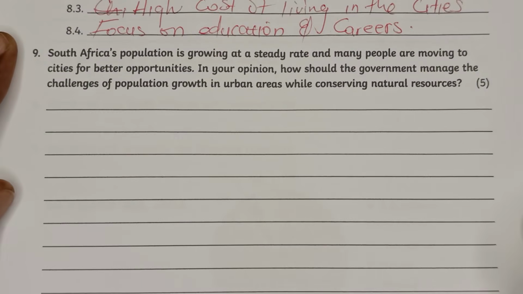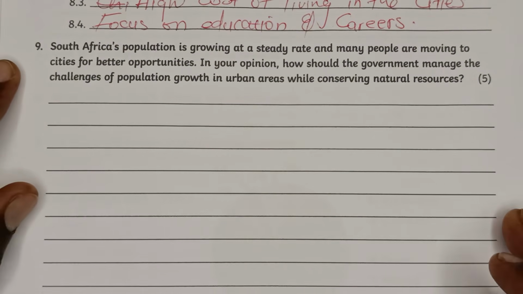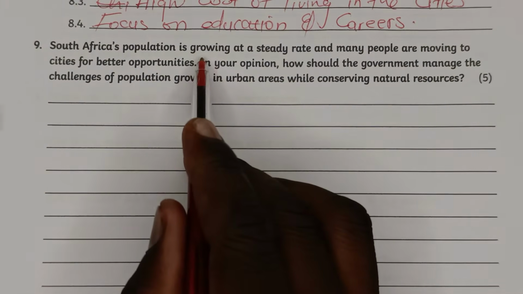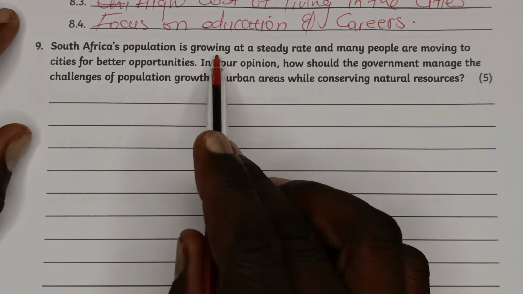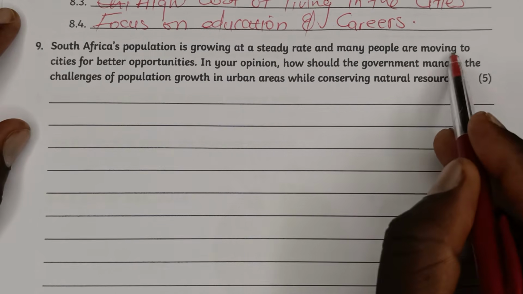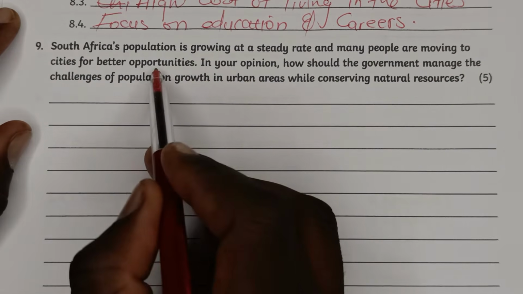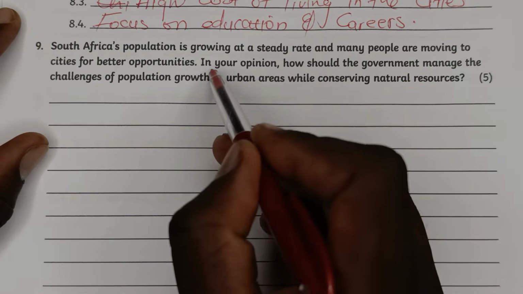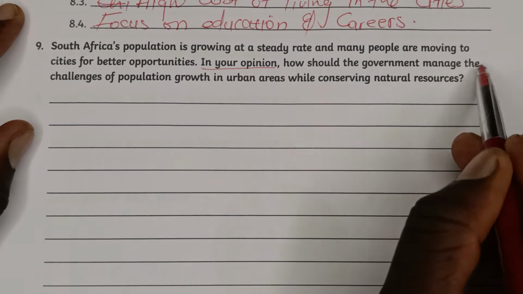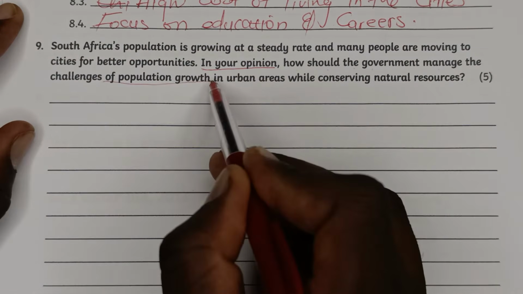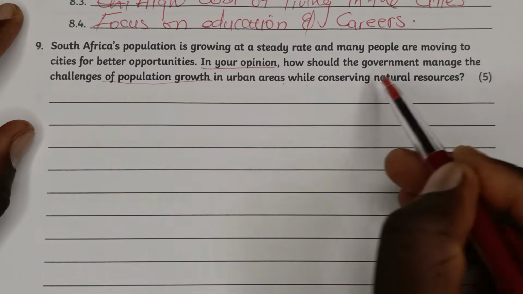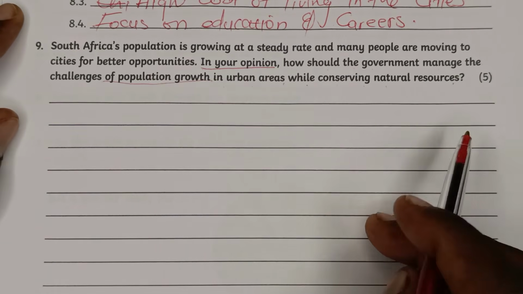We move. South Africa's population is growing at a steady rate, and many people are moving to cities for better opportunities. In your own opinion, how should the government manage the challenges of population growth in urban areas while conserving natural resources?